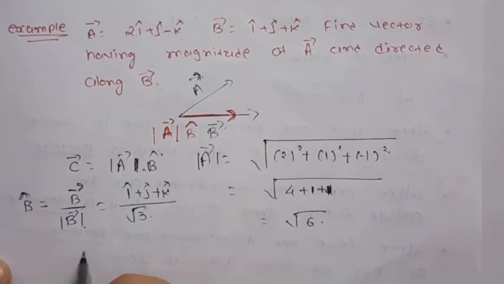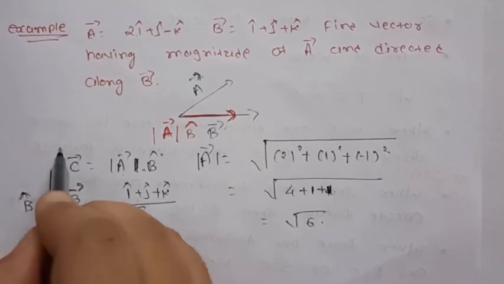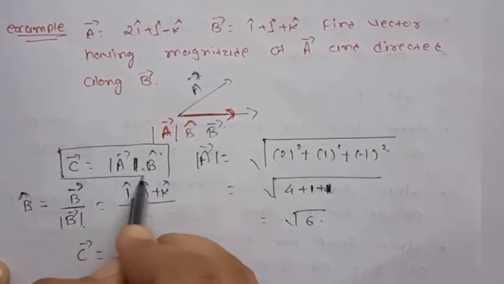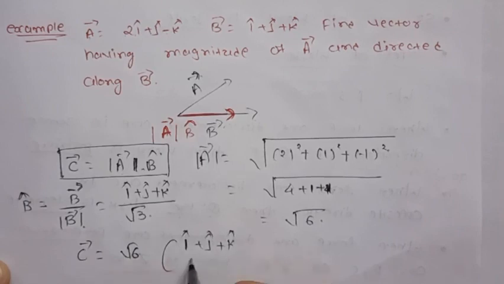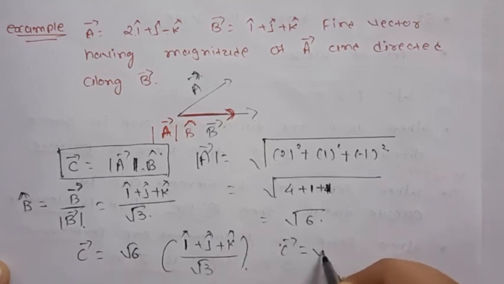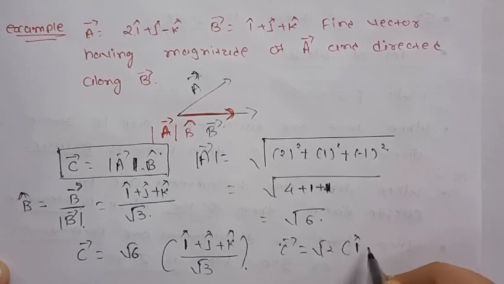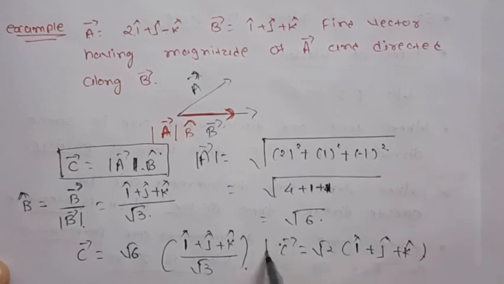So the third vector C will be, having magnitude of A, that is root 6, into B cap. B cap is given by i cap plus j cap plus k cap divided by root 3. So our required vector will be root 2 into i cap plus j cap plus k cap.